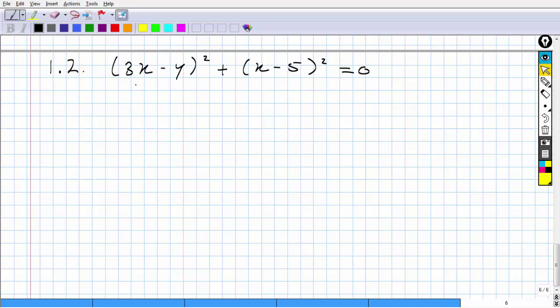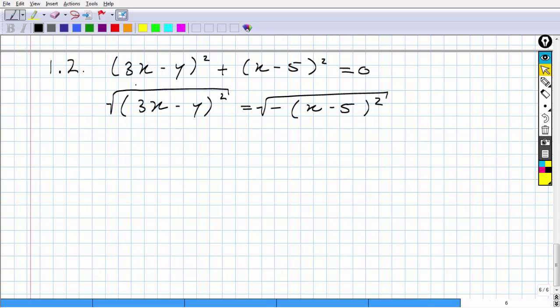So we actually have to think. Now, the first thing you would probably do is say, well, why don't we make these equal to each other, in the sense that we can say (3x minus y) squared equals negative (x minus 5) squared. And what you would then say is, well, we can square root both sides.